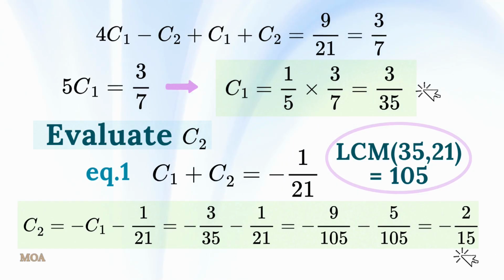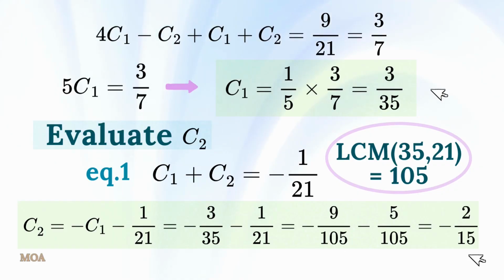Rewriting both fractions, negative 3 over 35 equals negative 9 over 105, and negative 1 over 21 equals negative 5 over 105. Adding these gives C sub 2 equals negative 9 over 105 minus 5 over 105 equals negative 14 over 105.